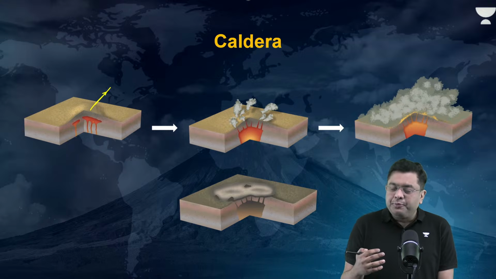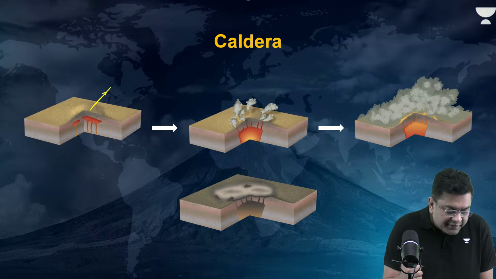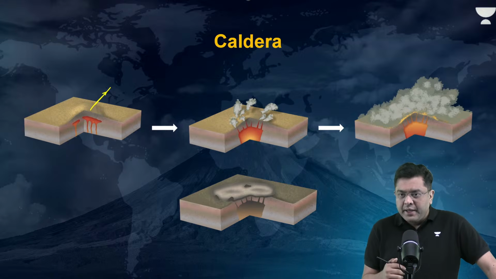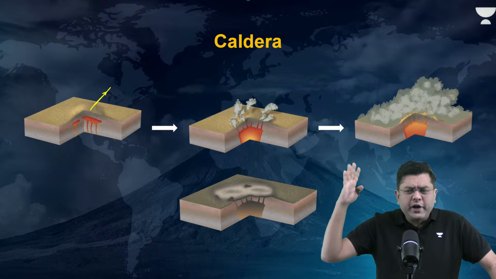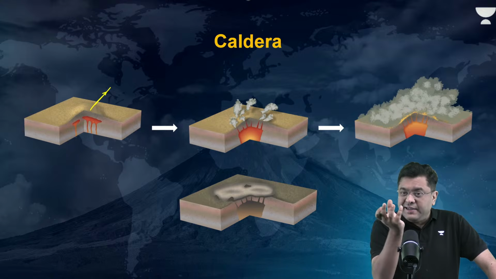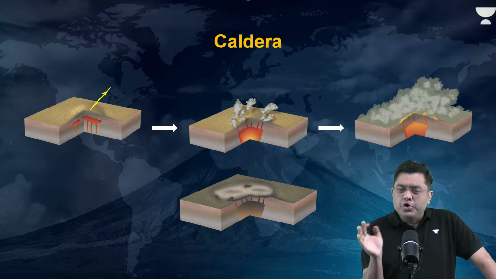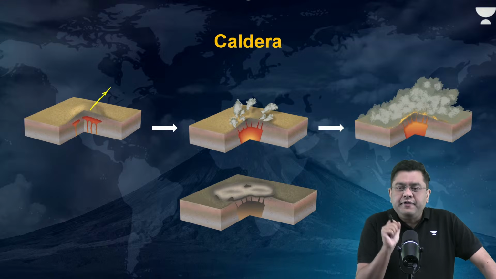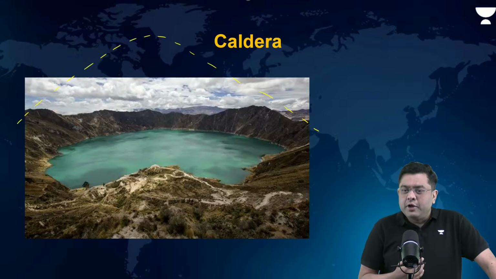Now, in that explosive eruption, it can also happen that the magma chamber becomes completely empty. Every material gets out, right? And it is so explosive that it weakens the entire, you observe the third image, it weakens the entire crustal region. Now, the underlying portion is empty, the surface is weak. What will happen? Central portion will collapse.